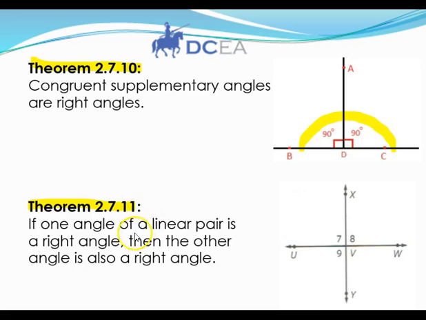Theorem 2.7.11: if one angle of a linear pair is a right angle, then the other also has to be a right angle. So I have a linear pair, angle 7 and 8.